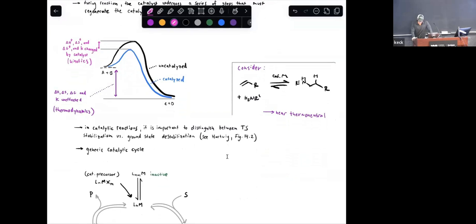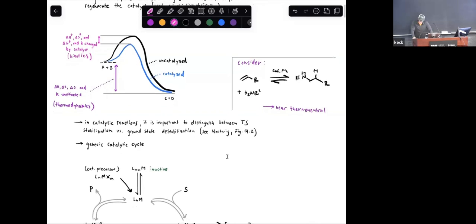So that is the delta G, delta H, delta S, and the corresponding equilibrium constant associated with that transformation. What it does change is the kinetic descriptors, which are delta H double dagger, delta S double dagger, delta G double dagger. So again, kinetics, thermodynamics, a common theme from the class.